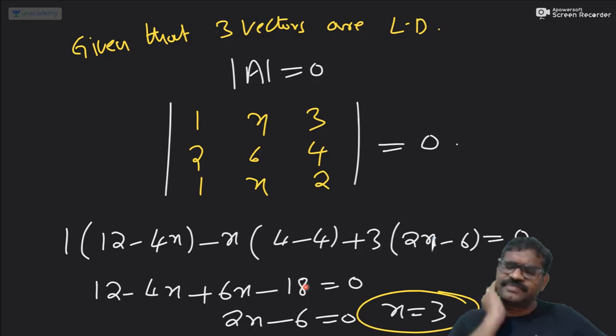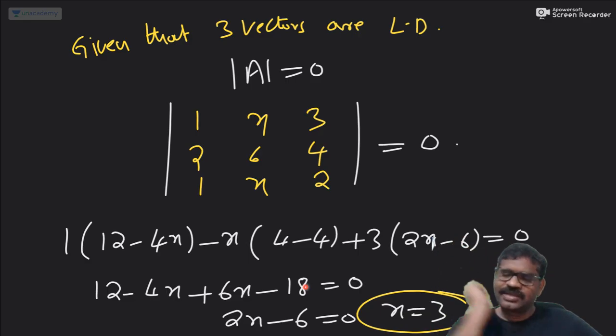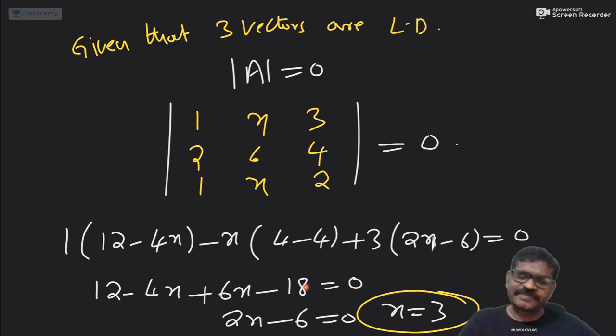There are 4 methods. I have explained you 4 methods. Okay, you can apply any method, whichever method you feel convenient. I have to explain a method. 90% of the students should understand that concept. Question slide.